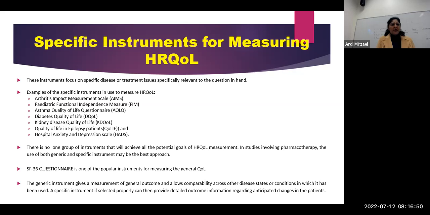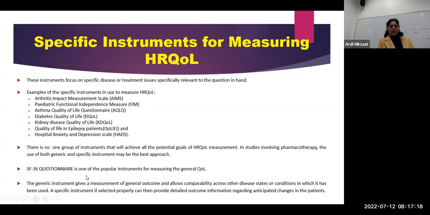For example, we have instruments like Arthritis Impact Measurement Scale, Pediatric Functional Independence Measure, Asthma Quality of Life Questionnaire, Diabetes Quality of Life Questionnaire, Kidney Disease Quality of Life, Quality of Life in Epilepsy Patients, Hospital Anxiety and Depression Scale.